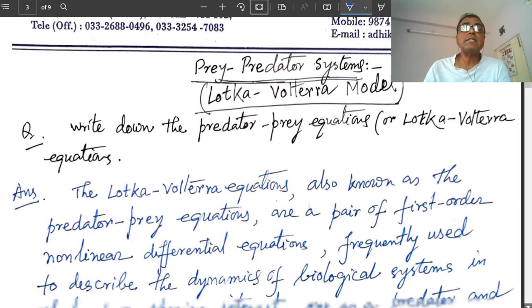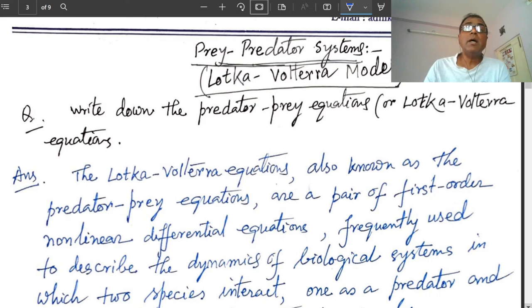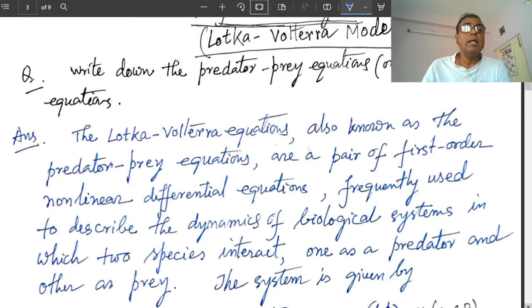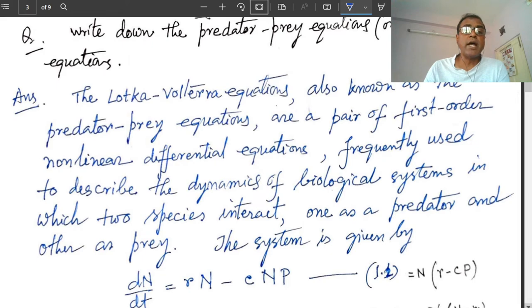Now we discuss a particular model of the prey-predator system, the famous Lotka-Volterra model. The Lotka-Volterra equations, also known as the predator-prey equations, are a pair of first-order nonlinear differential equations, frequently used to describe the dynamics of biological systems in which two species interact, one as a predator and the other as prey.